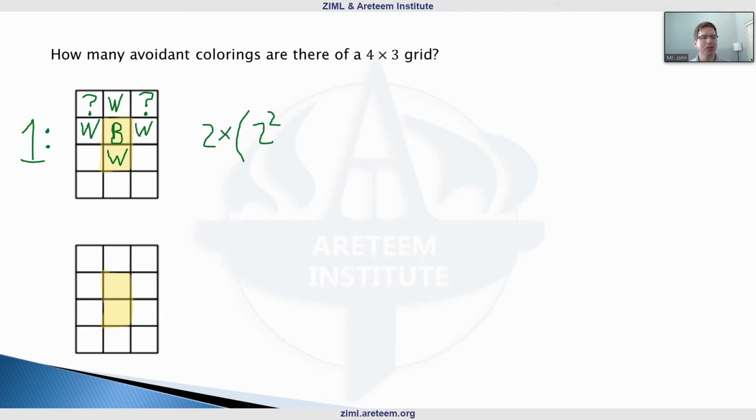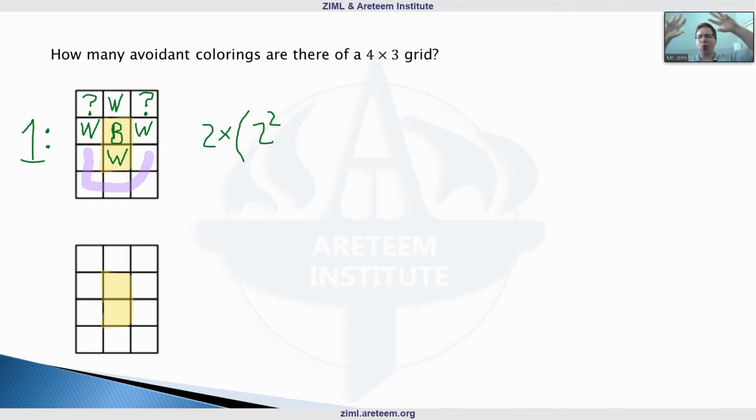Now, here's the big idea, the preview of what's coming for the rest of this problem. We have these 5 squares left on the bottom. What do we notice about them? Every one of those squares is adjacent to another square, but there are no multiple adjacencies. The ones in the middle have a left and a right neighbor.